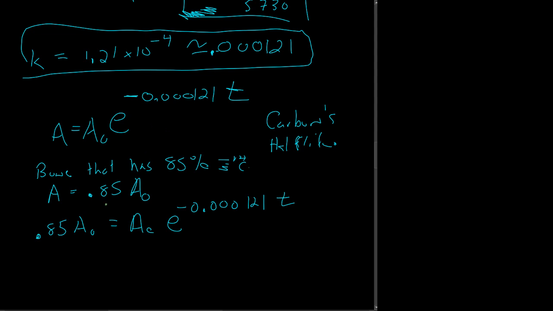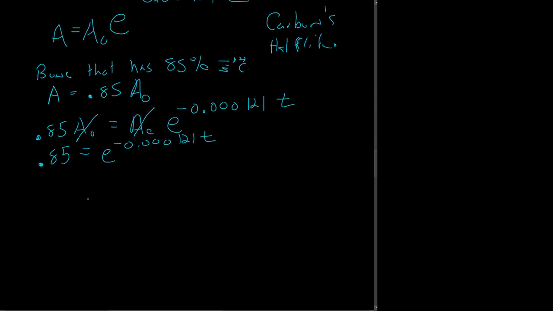Well, it's a percentage generator. I don't need to know how much of the bone I have because those two parts will cancel out. I need to know when this exponential is going to spit out 85%. Well, my t is in the exponent. I need it to come down. To do that, if I take the natural log of this, my rule of logarithms says, hey, this is the inverse function of this, right?